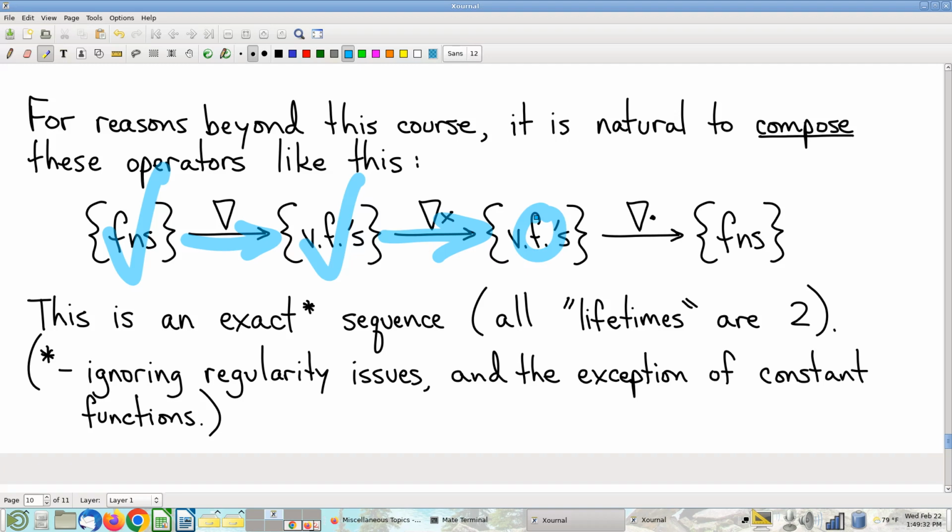This is what I would call a lifetime of 2, in the sense that I like to think of 0 as being death, in a way, if you will. It's a metaphor, don't take this too seriously, but nothingness, if you will. I don't want to get philosophical or religious here, but furthermore, no matter what you do to 0, guarantee it's going to stay 0. Again, the analogy kind of works.